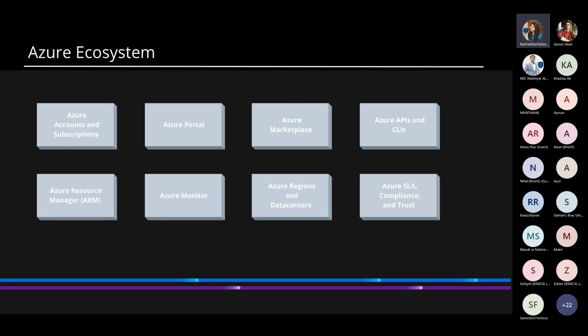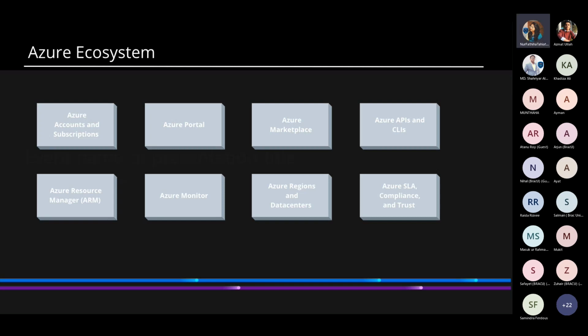Inside the Azure portal, we will have a bunch of Azure marketplaces where we can build our machine learning models, deploy our web apps, build function apps, or a whole bunch of things.